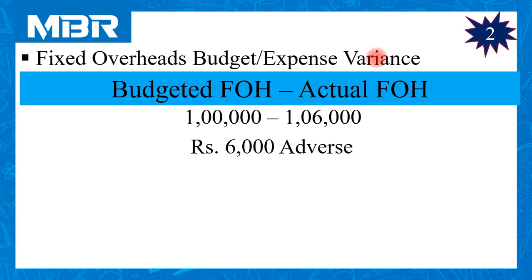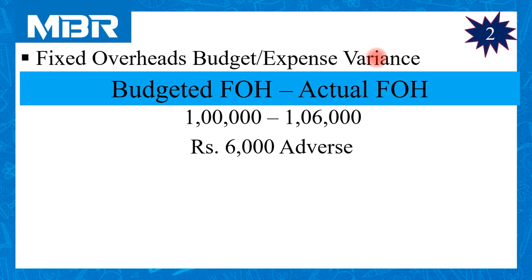Again, interpretation is important. We have decided to pay rupees 1 lakh on fixed overheads. But at the end of the task, we came to know that actually we have paid rupees 1,06,000.